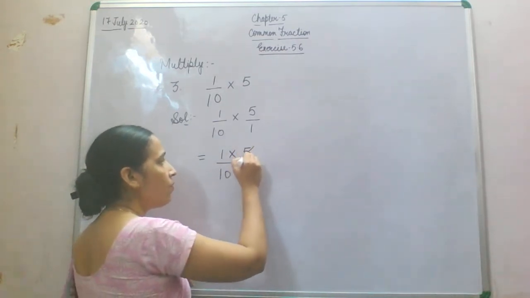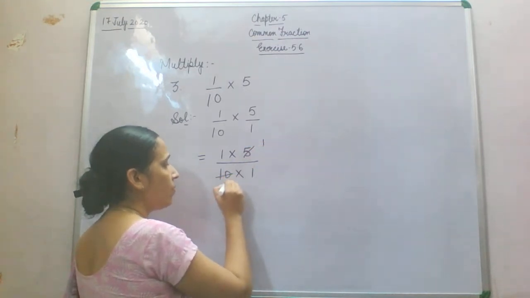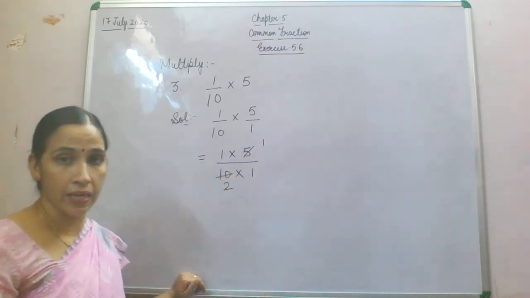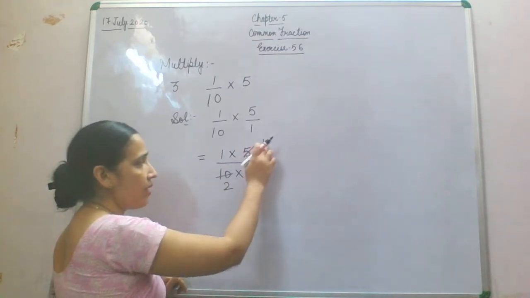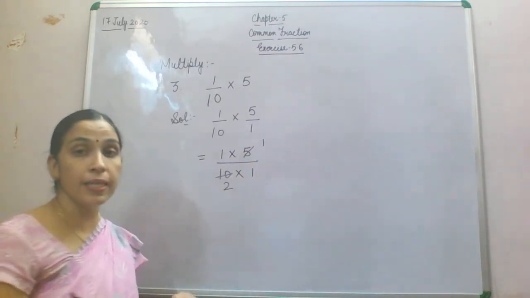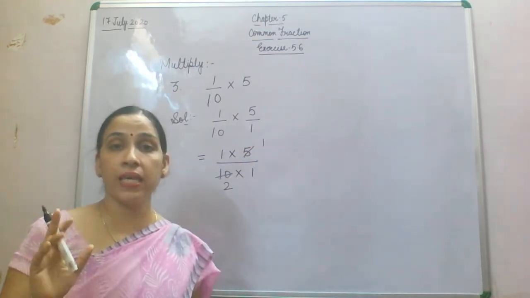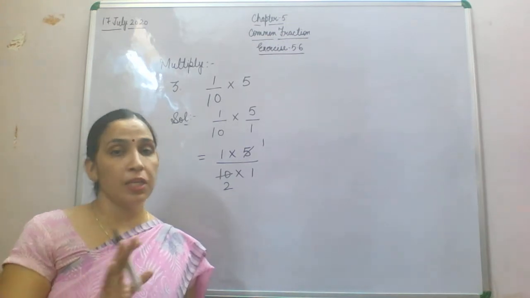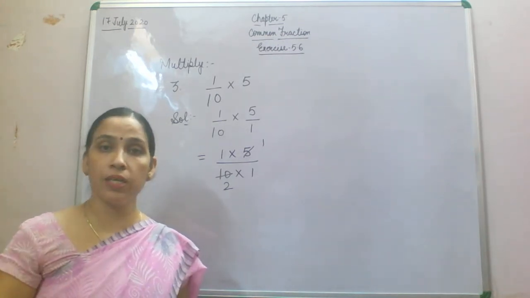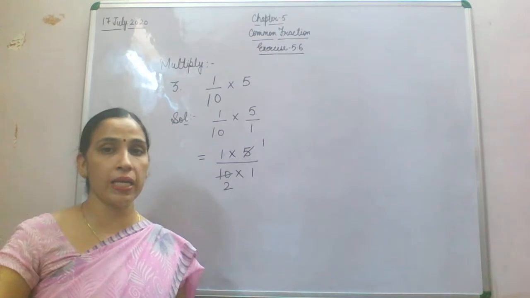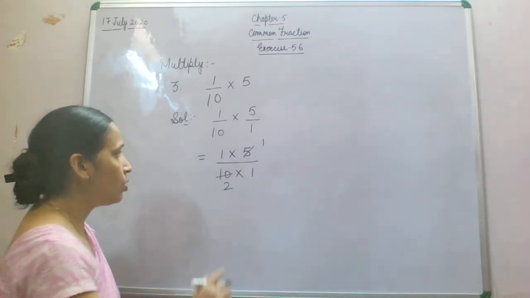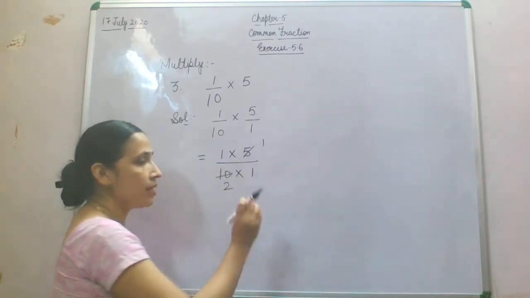Now here 5 ones are 5, 5 twos are 10. See, numerator will always cancel with the denominator. Denominator will not cancel with the denominator, or numerator will not cancel with the numerator. So 5 and 10 come in the table of 5.